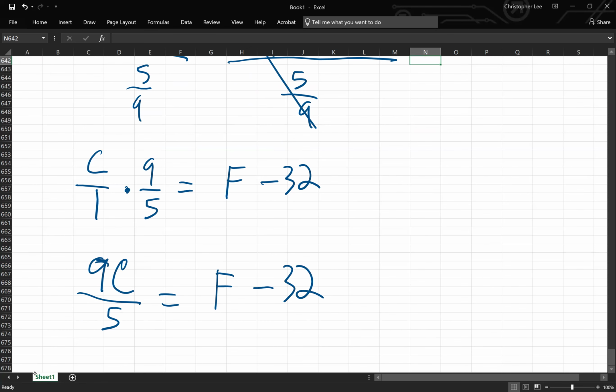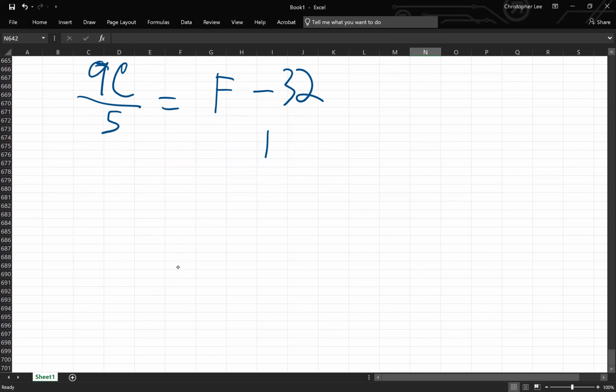So 9C over 5 is equal to... what should I do after that? Perfect. So I'm going to add 32 over here. What I do to one side, I've got to do to the other.